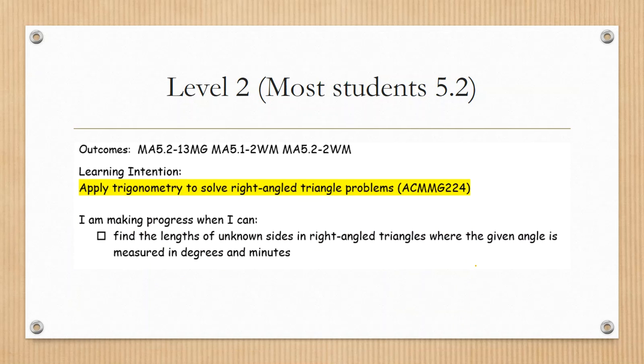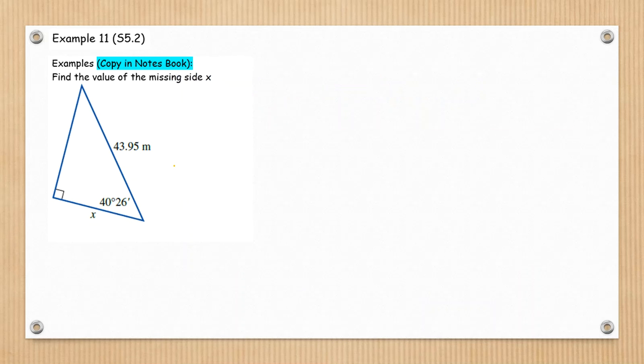For the 5.2 content, the difference is that we're going to use degrees and minutes. So we get problems like this one. 40 degrees, 26 minutes. I like to go through the hypotenuse, opposite, adjacent process.